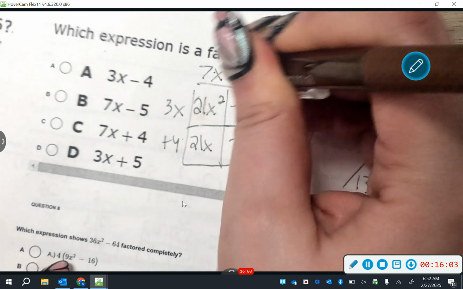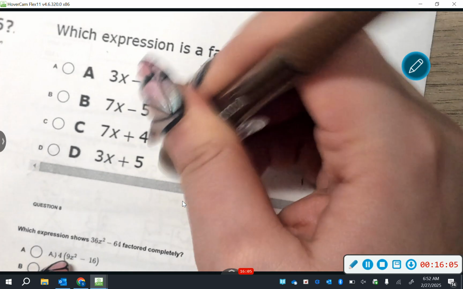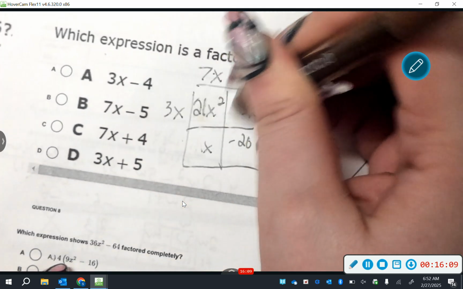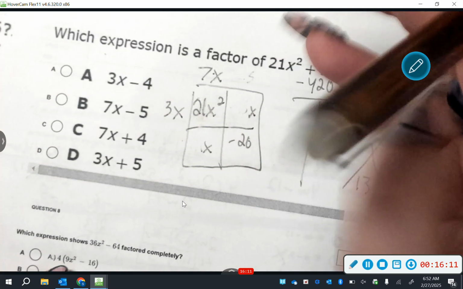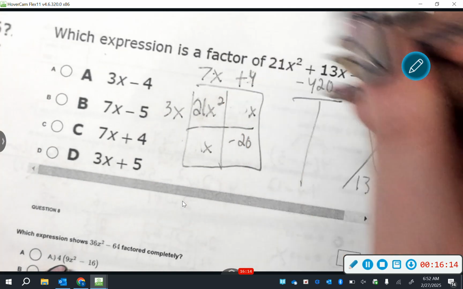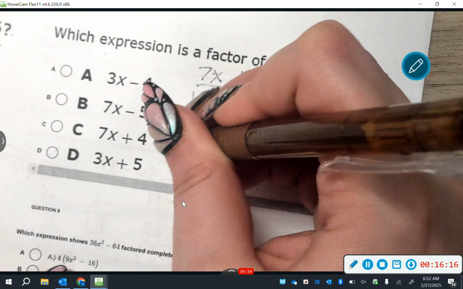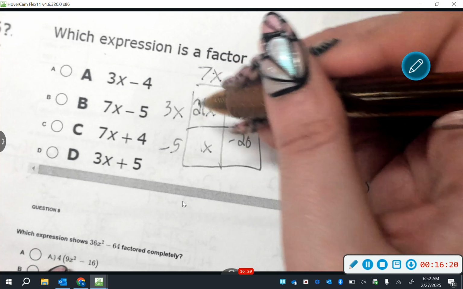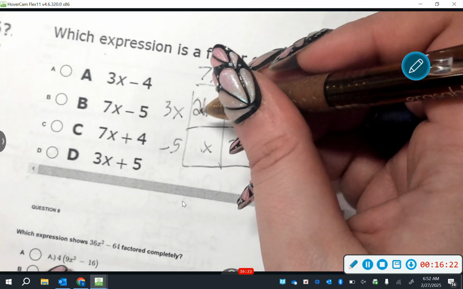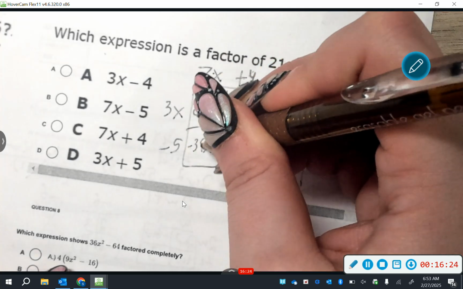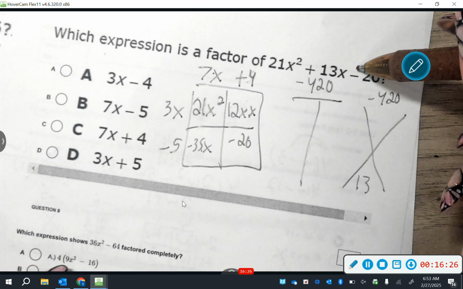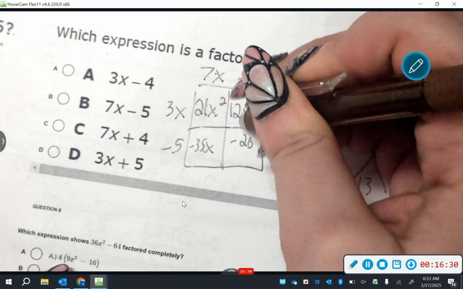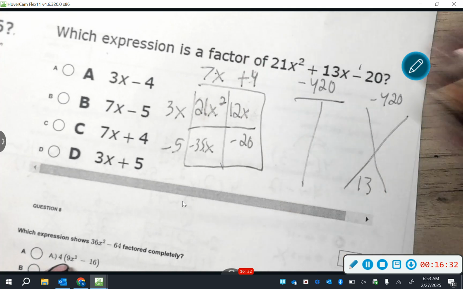Let's try putting the plus 4 over here and the minus 5 over here. 3 times 4 is 12x. 7 times negative 5 gets us negative 35. But now that's not going to get us positive 13. What is happening right now? Y'all, my brain is not working.